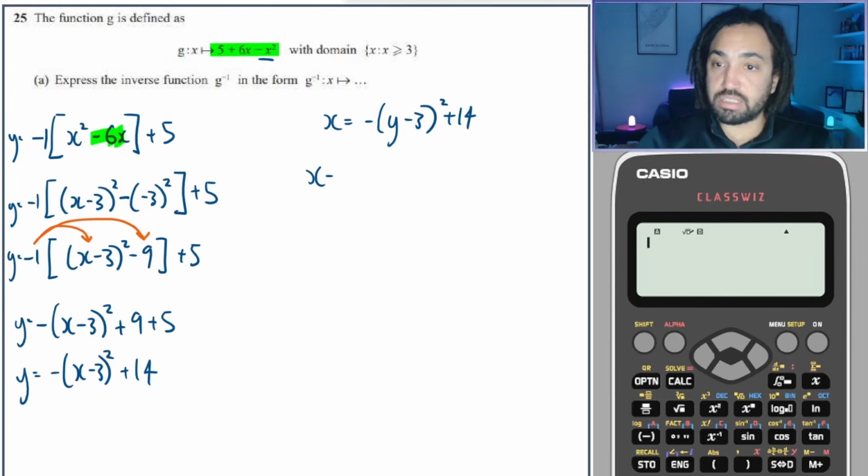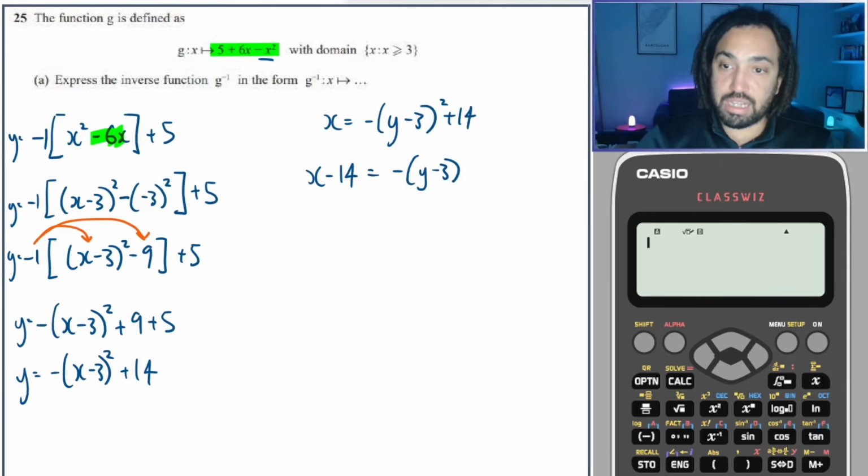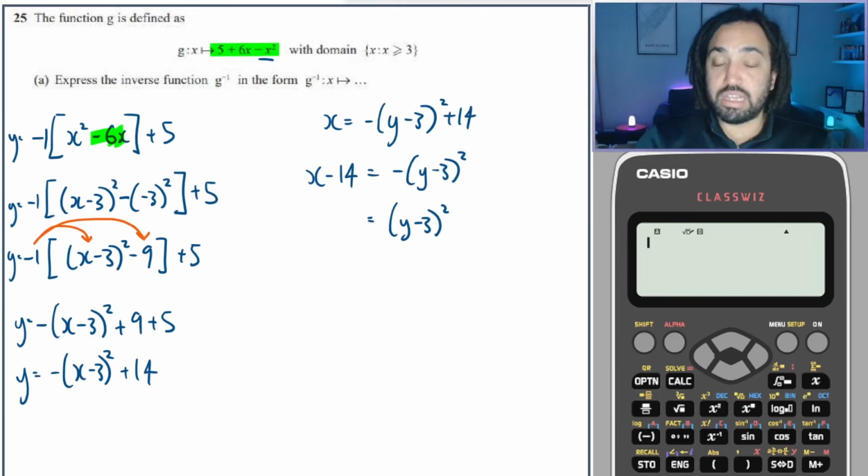Let's subtract 14 from both sides. And then this negative is annoying, so I'm going to divide by negative 1, which is going to get rid of the negative on the right side, and it's going to flip the signs of all of the terms on the left side. So the x becomes negative and the 14 will become positive.